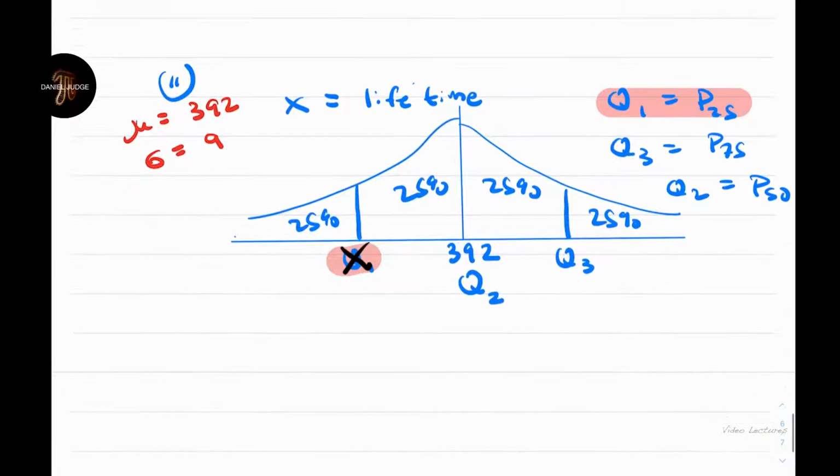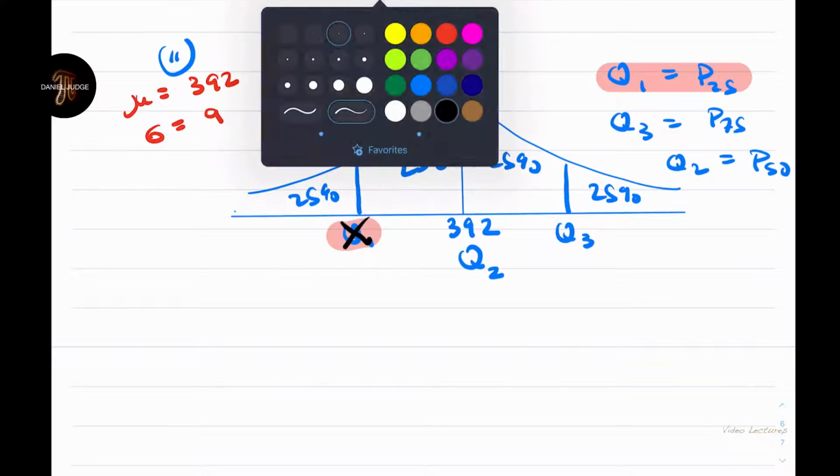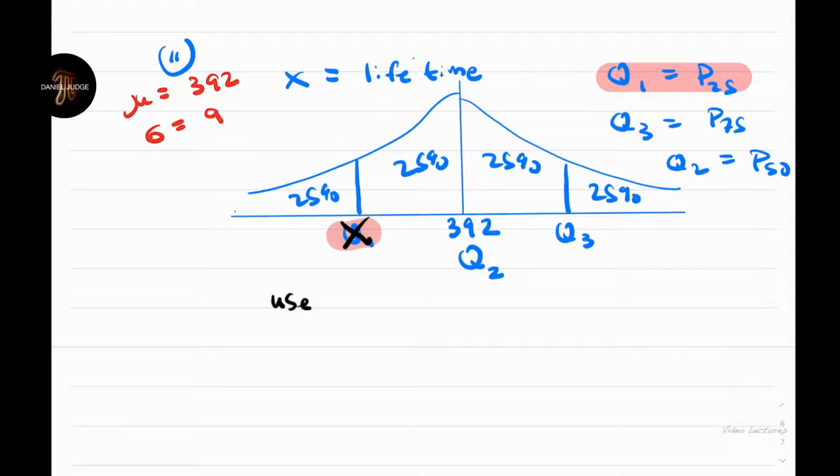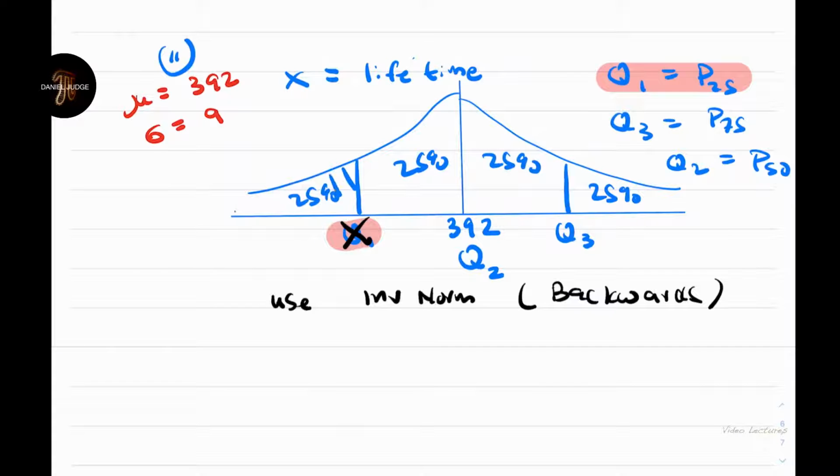Now, remember what I said the other day? You're going to use inverse norm. This is working backwards. But it depends on what TI calculator you have. Now, I'm going to represent this as a left tail situation, because remember, this is where 25% of the bell is.